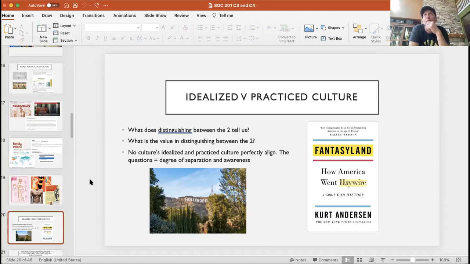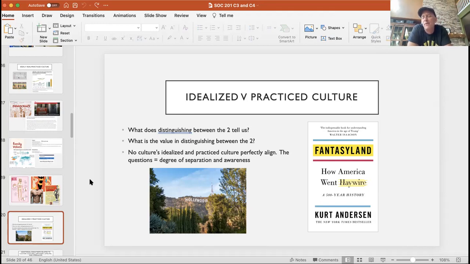The more we're able to distinguish and understand, the more we're empowered to bridge the gap between the idealized culture and the practice culture. We're empowered to address the realities of the practice culture, versus being trapped in a mythology and not willing to engage with the way the world is actually practiced.